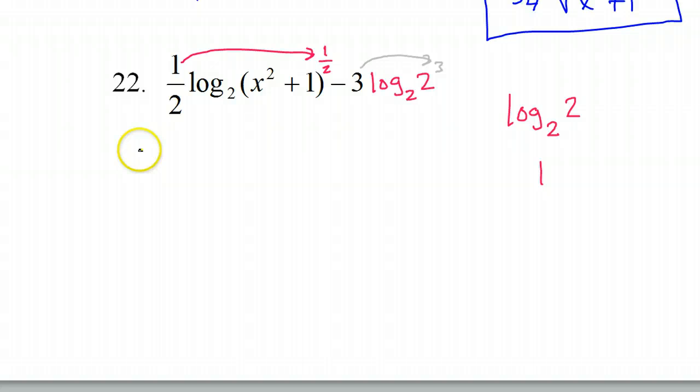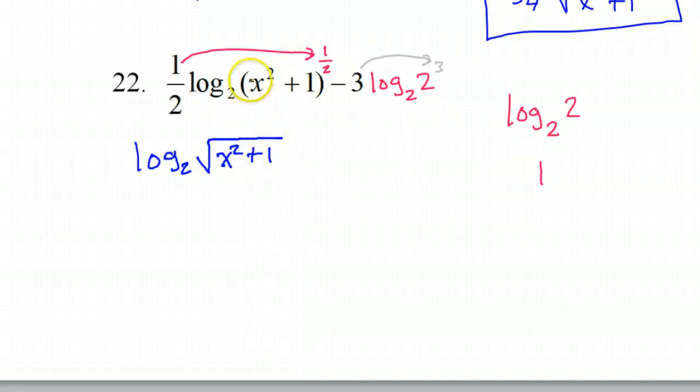So on my next step, I'm going to have log base 2 of, now remember, this is square root, so I'm just going to have the square root of x squared plus 1. No, I cannot take the square root of each of these separately or anything like that. Meanwhile, I'm going to have minus log base 2 of 8, 2 to the third power.